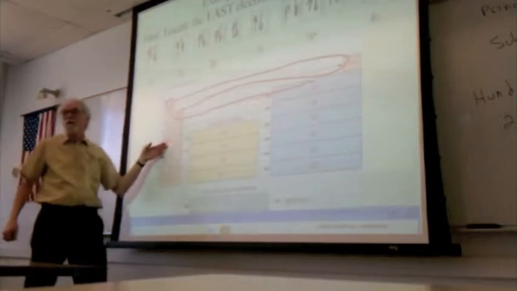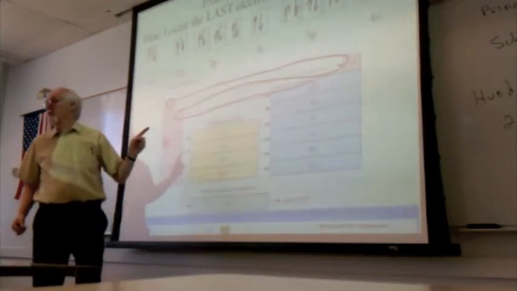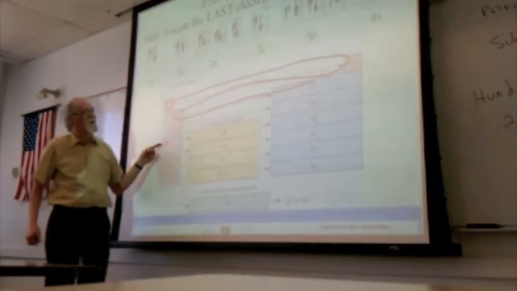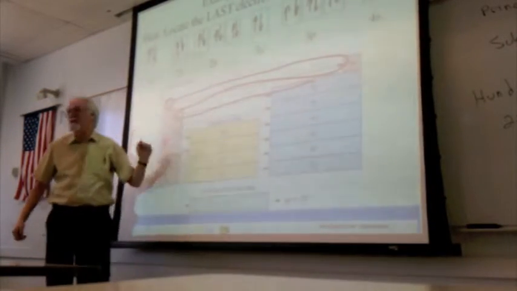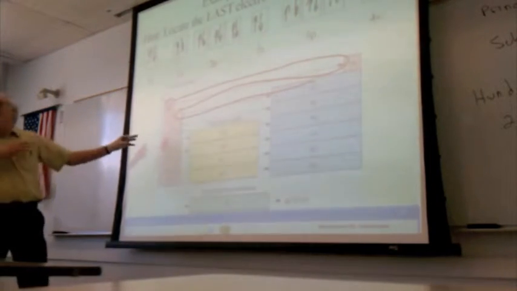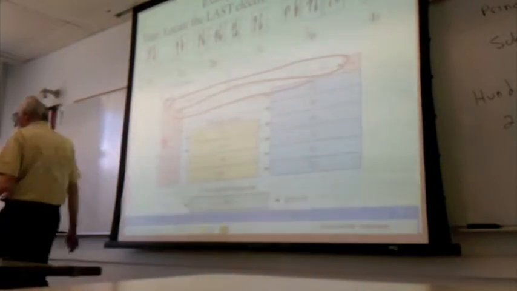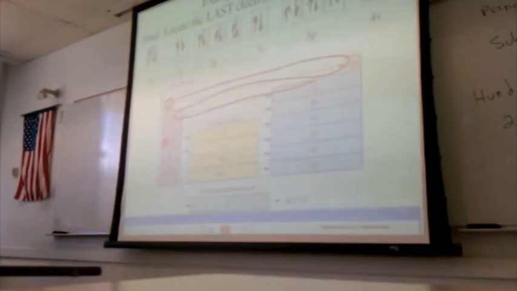So locating it on the periodic table will help you know when to stop. You stop here and just fill everything up down to there. Can you just do the shorthand way? Depends on what you're asked.